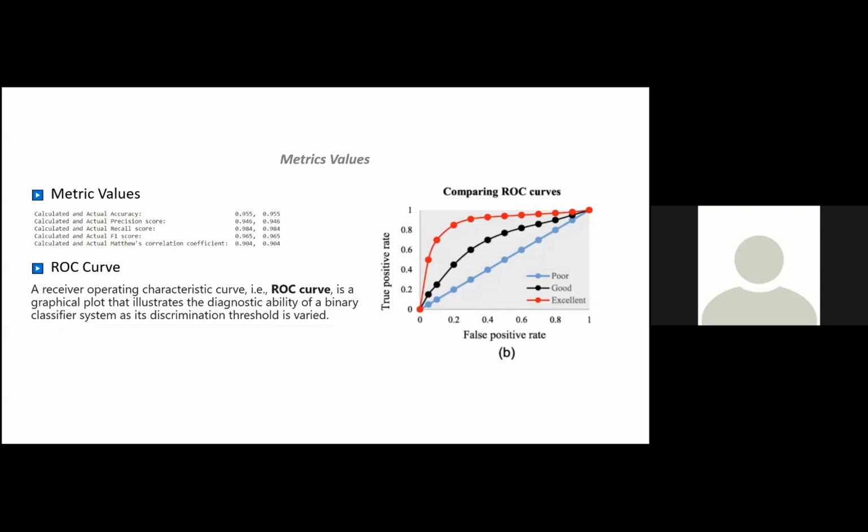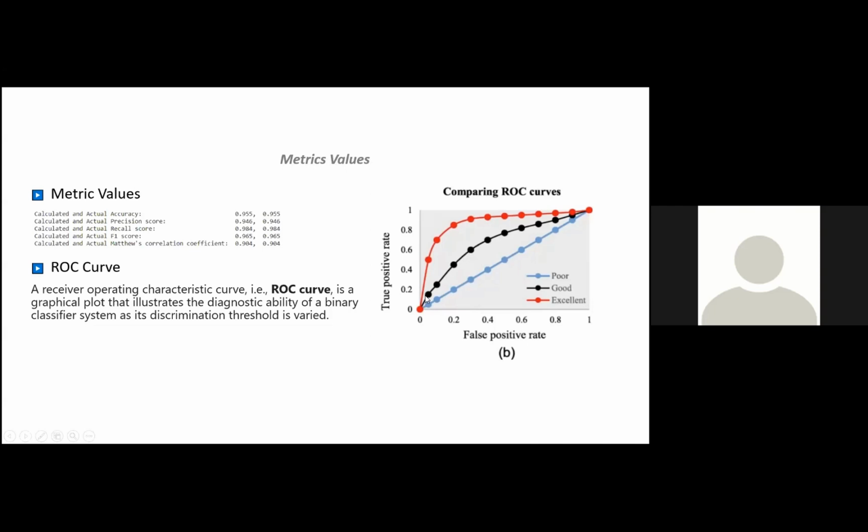It is a graphical plot which shows how the classifier is behaving. Here, on the right hand side, we see three comparisons, or the three values in the ROC curve.